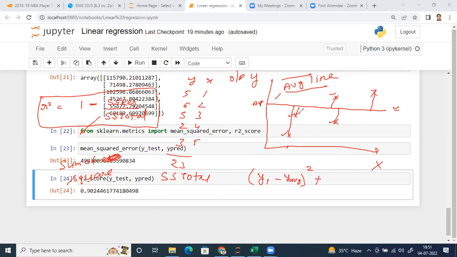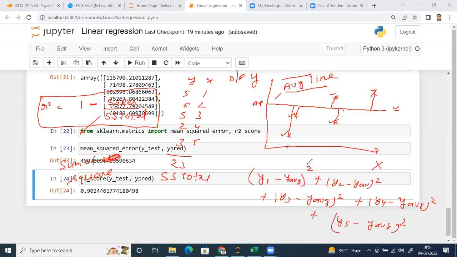Again sum. The second value: y2 minus y average square, plus y3 minus y average square, plus y4 minus y average square, plus the last one, y5 minus y average square.